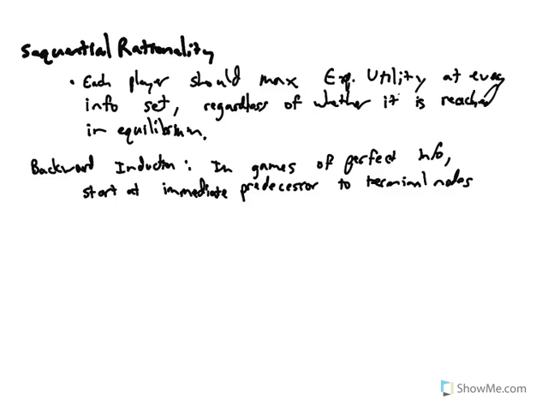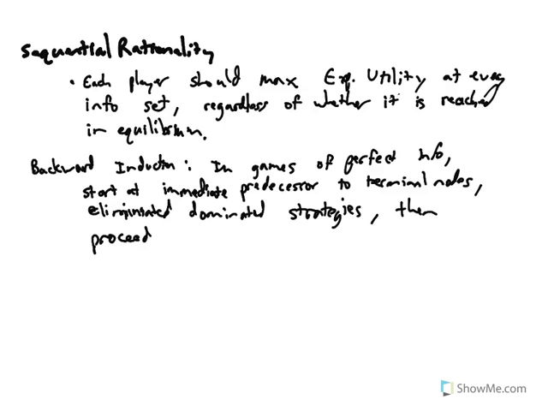So basically look at the terminal nodes and the nodes that come right before them, eliminate dominated strategies, then proceed to the next predecessor node, etc. So we start at the back and work our way forward.